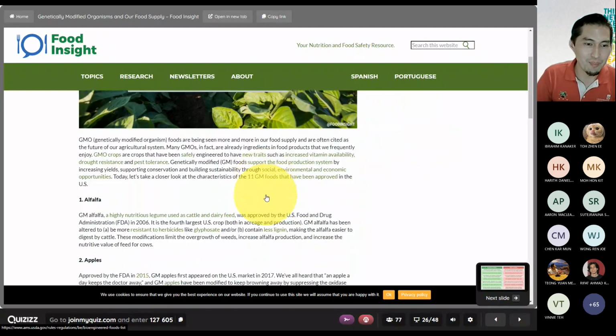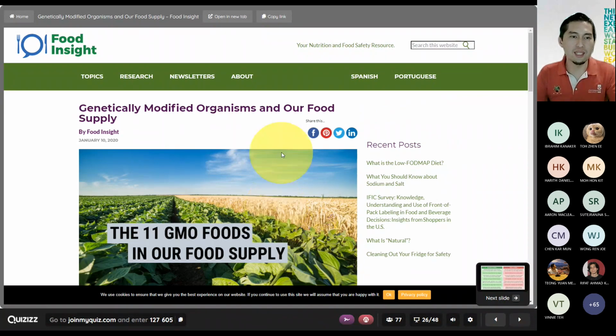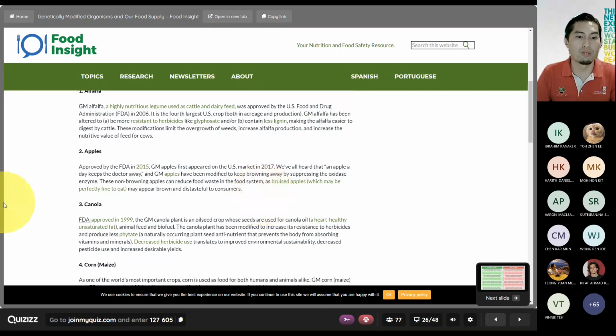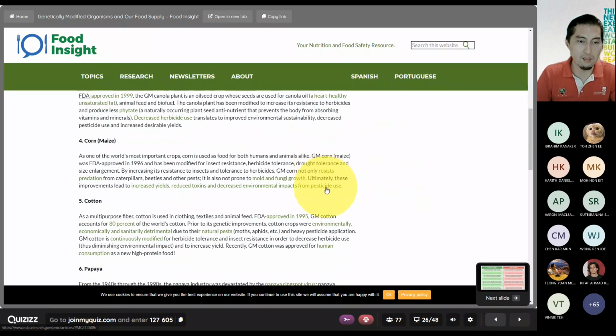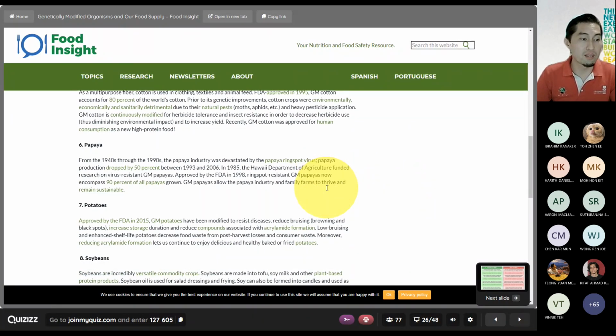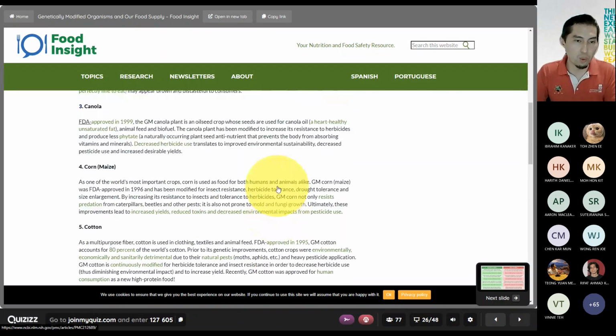So as you can see here, this is just a website that highlights GMO and basically the food supply. You see there's a lot of our day-to-day items that we are consuming. A lot of them are already genetically modified. A lot of the things that we eat today, originally that food doesn't taste like what we taste now. It doesn't look like what it looks like today as well. I'm not sure if you are surprised.